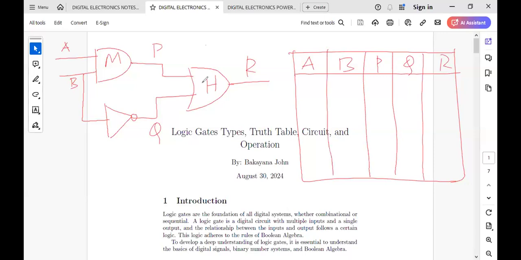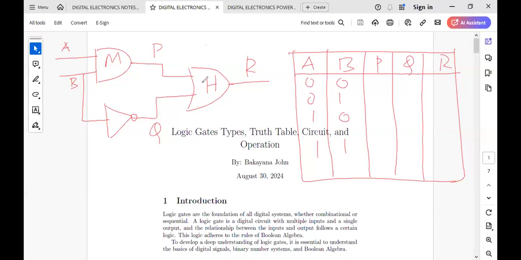So we begin with the A. What are the possibilities? 0, 0, 1, 1. B is going to be 0, 1, 0, 1. Now, we have a B that branches into the NOT gate.